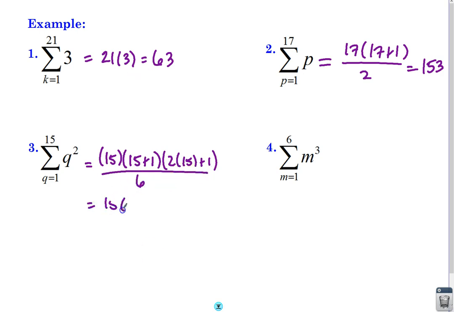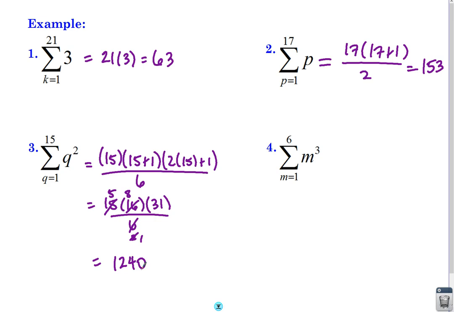So 15 times 16 times 31, all over 6. So I can take out a 3 and make that a 5, and then make that a 2, and then I can take out a 2 and make that an 8. So 40 times 31 is going to be 1240, so 1240.